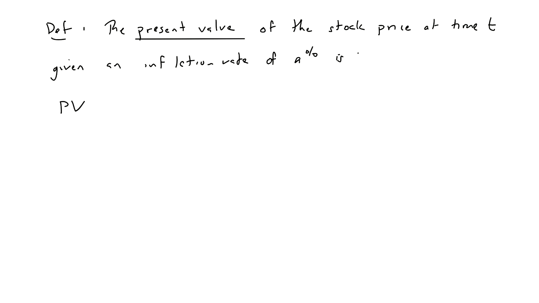So if I want to compare the price of stock now to the price of stock in 10 years, I have to equalize that. If I take the price of stock at time t and multiply by e to the negative at, that is called the present value. So it is worth what it is worth if we were given the money now. And of course, we can go the other way.